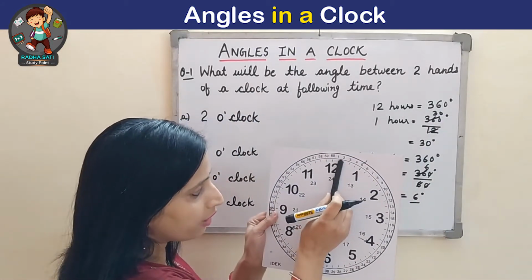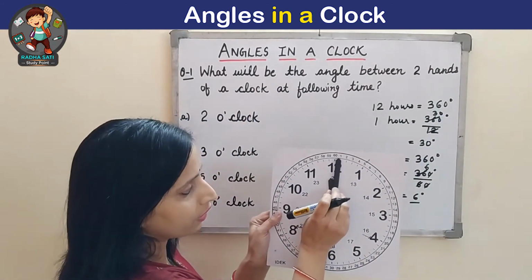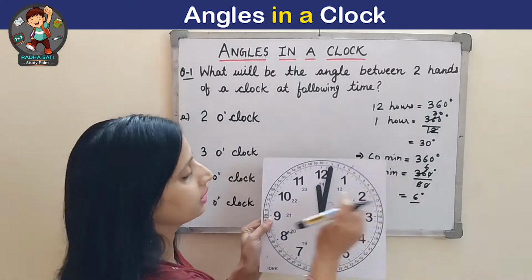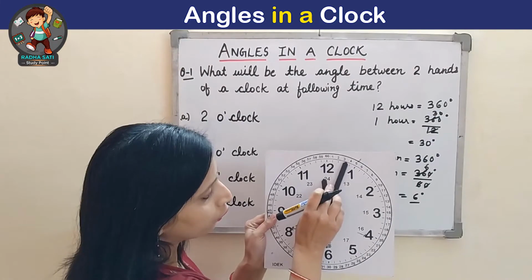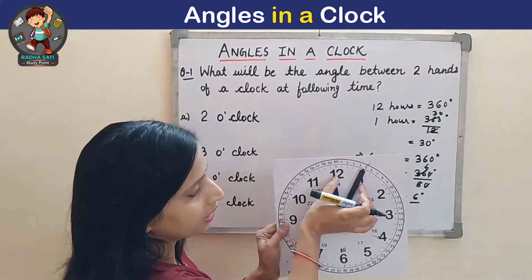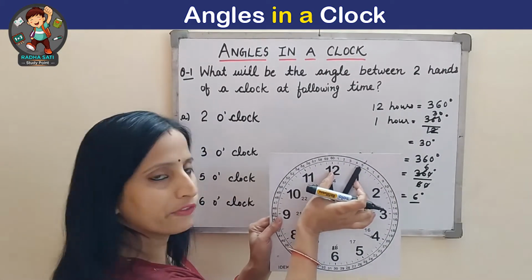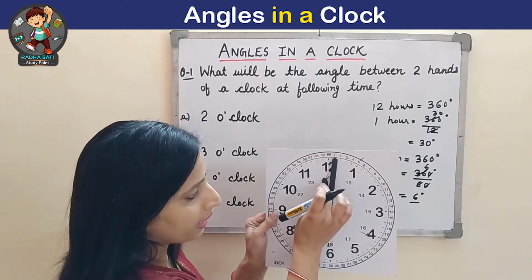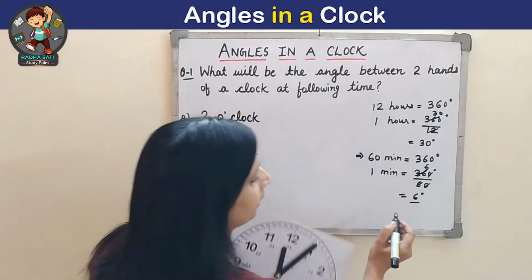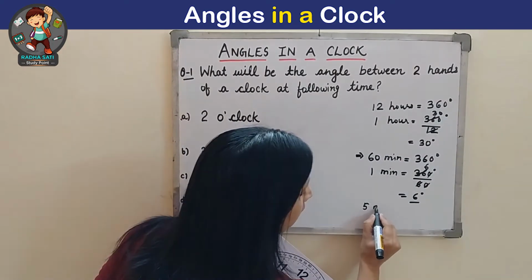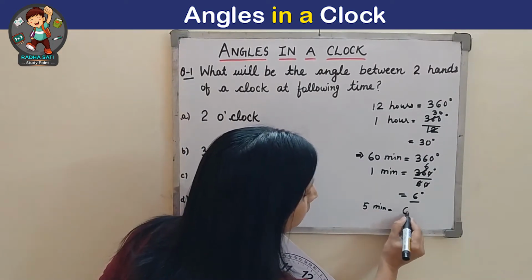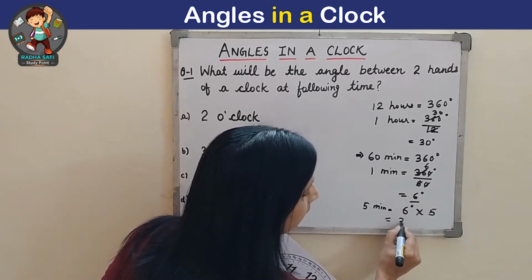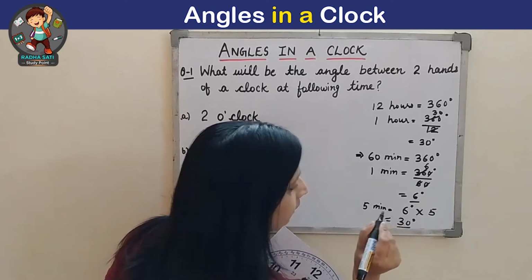That means in 1 minute the minute hand forms an angle of only 6 degrees, from 1 to 2. When it goes from one number to the next, we know that between these two numbers there are 5 minutes. So in 5 minutes the angle formed by the minute hand will be 6 degrees multiplied by 5, that is 30 degrees.